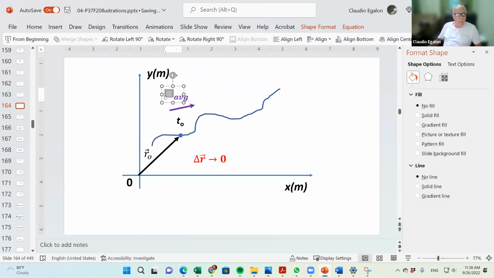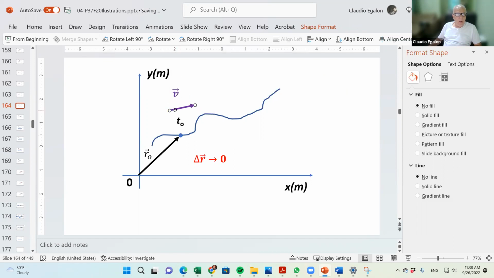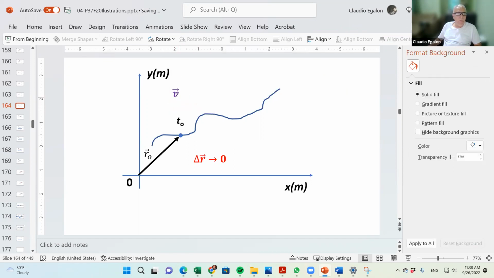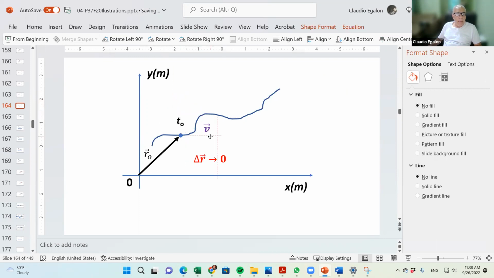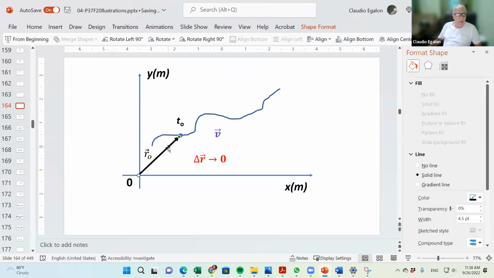And it's possible to prove mathematically that the average velocity becomes the instantaneous velocity, and that the direction of the instantaneous velocity becomes tangent to the path of the curve.